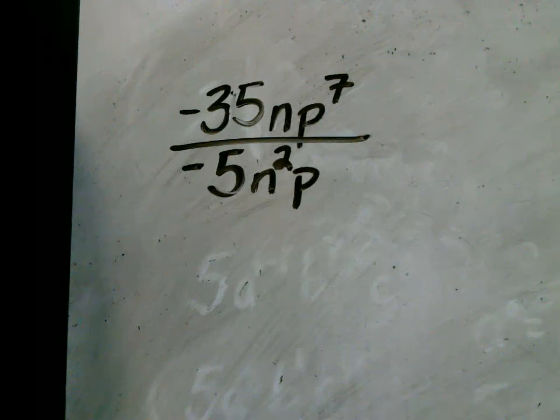Almost. The exponent on N is wrong, but it's almost right. Very good, Chloe. Exponent is wrong. You're right now. Yes.